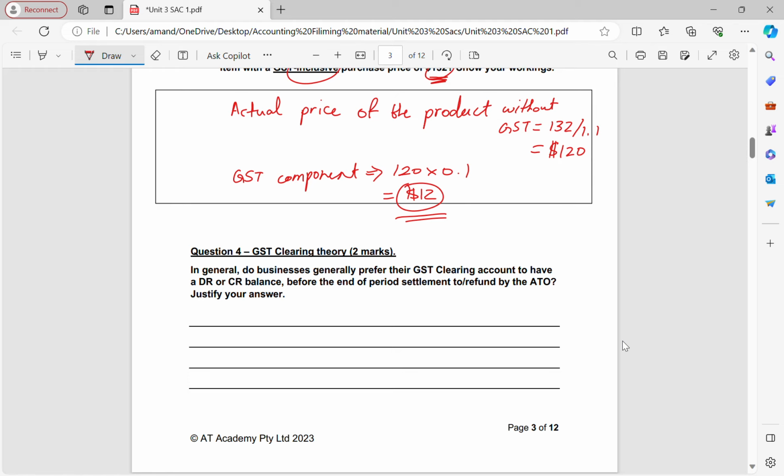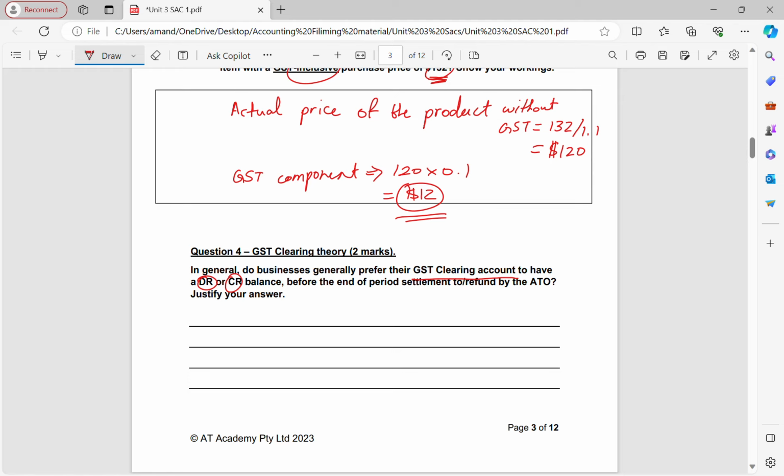So this could be a question on your end of year exam. It's quite an interesting question, because it says, in general, do businesses generally prefer their GST clearing account to have a debit or a credit balance before the end of period settlement to refund by the ATO? Justify your answer.